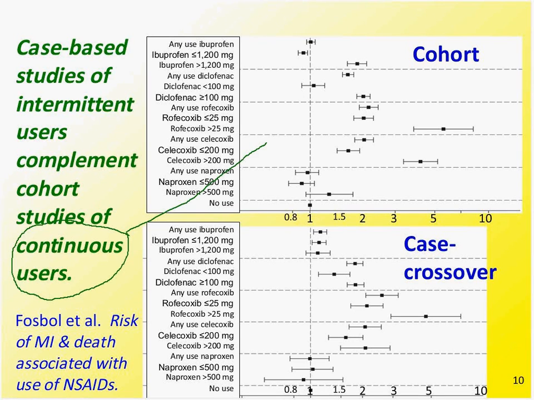And intermittent users are something of a contaminant. It's like in a randomized trial where people are non-adherent. On the other hand, in a case crossover or a self-controlled case series study, you need to be intermittent. You need to be crossing over.